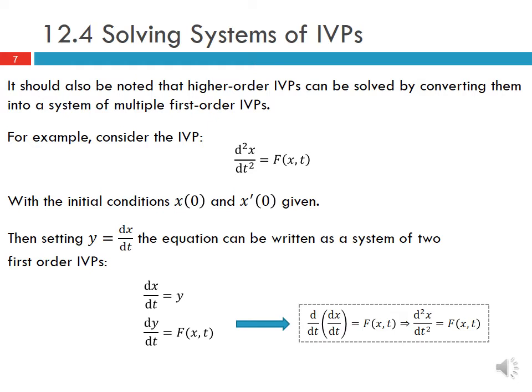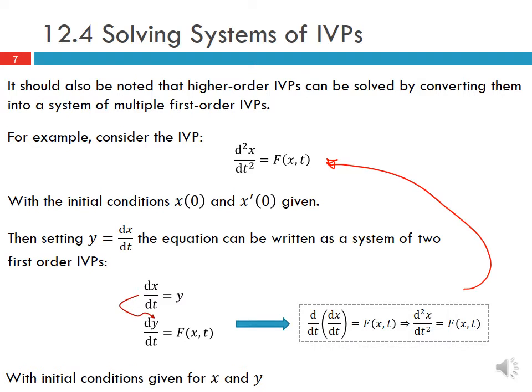If we put in dx/dt for y and take the derivative again, we get d2x/dt squared is equal to f of x and t, which is consistent with our initial problem. And here the initial conditions would be given in terms of x and y, where again y was equal to the derivative of x with respect to time.